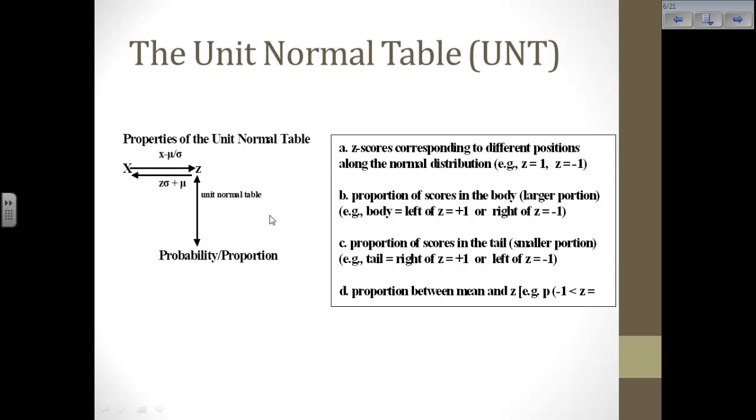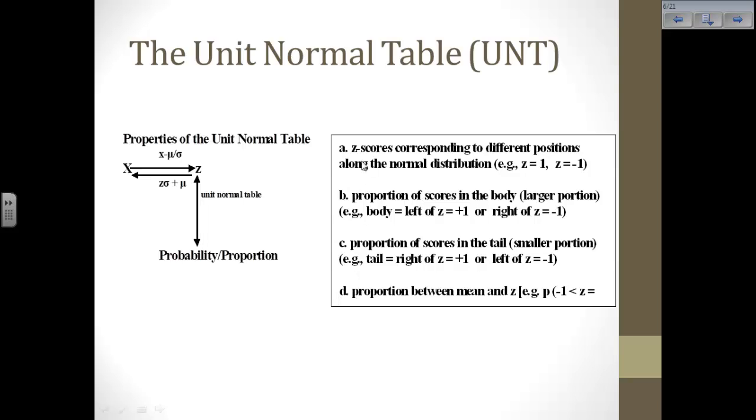Or you can go the inverse way. You can start off with a probability or proportion or a percentile, use the unit normal table to find the z associated with that probability, and then calculate x from z using this formula here, z times the standard deviation plus the mean.